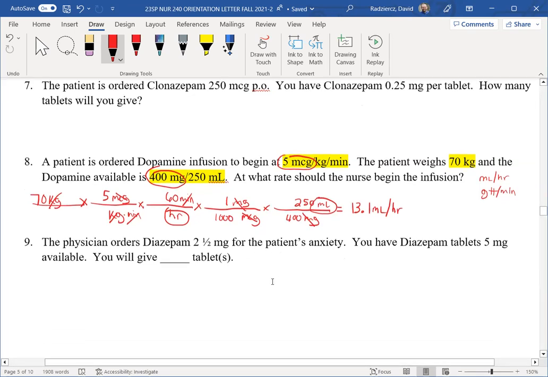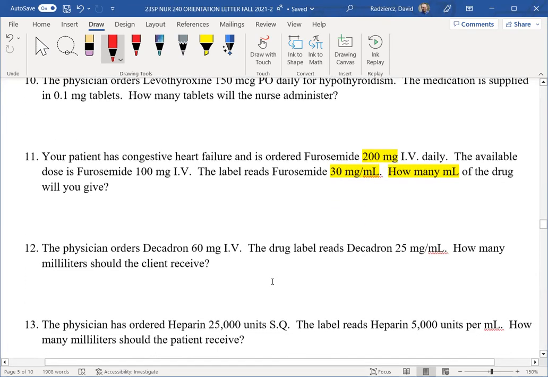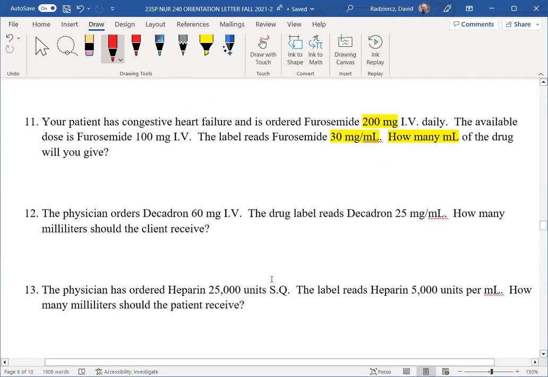All right. The other types of questions that are usually missed or at least questioned are going to be things like this, where there's extra information that you don't need. So it tells you you have a patient with congestive heart failure, ordered furosemide 200 milligrams IV daily, available as 100 milligrams IV, and then it says the label reads 30 milligrams per milliliter.